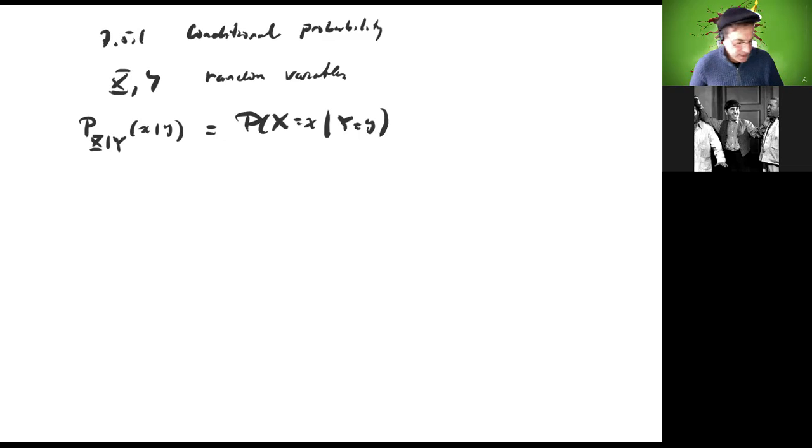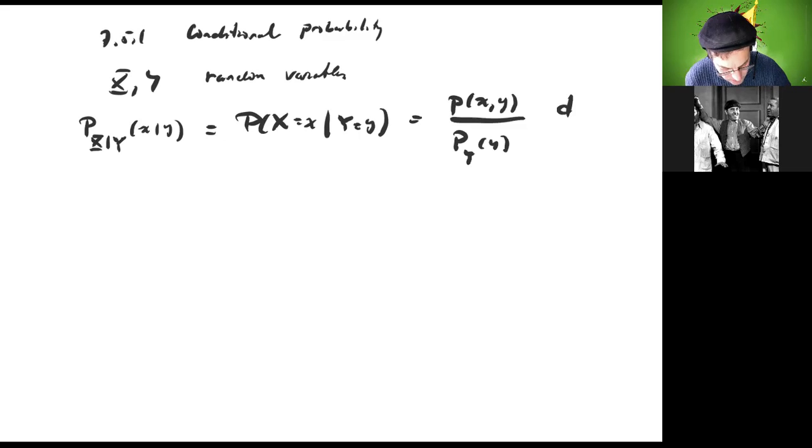So x equals x is an event, and so is y equals y. This is the usual probability of the events, and it is given by the joint probability mass function of x and y divided by the marginal one for y. Okay, so this is the discrete case, of course.